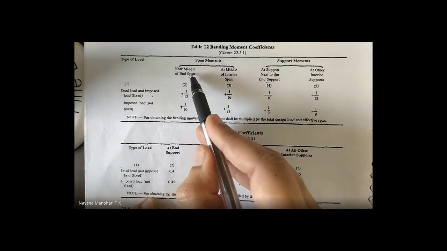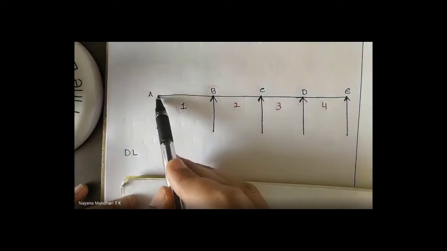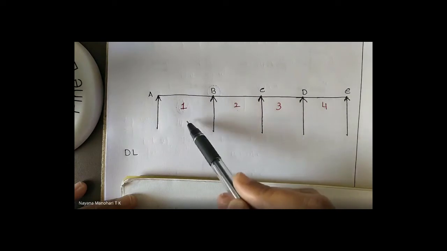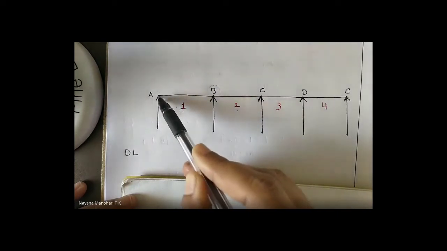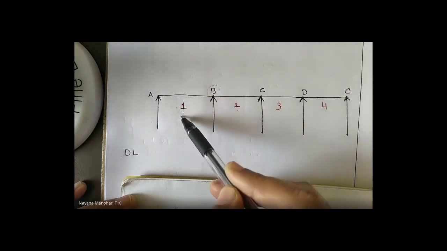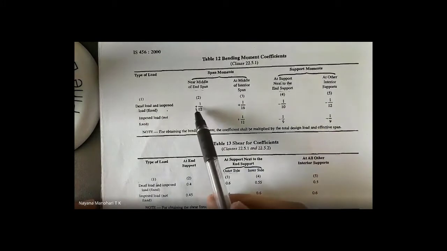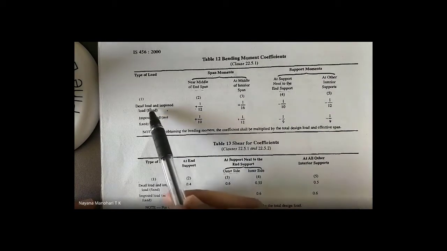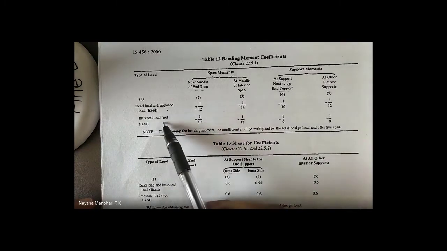End span is AB as well as DE. At the middle of the end span, meaning here, at this portion, the bending moment coefficient is plus 1 by 12 for the dead load and plus 1 by 10 for the live load.